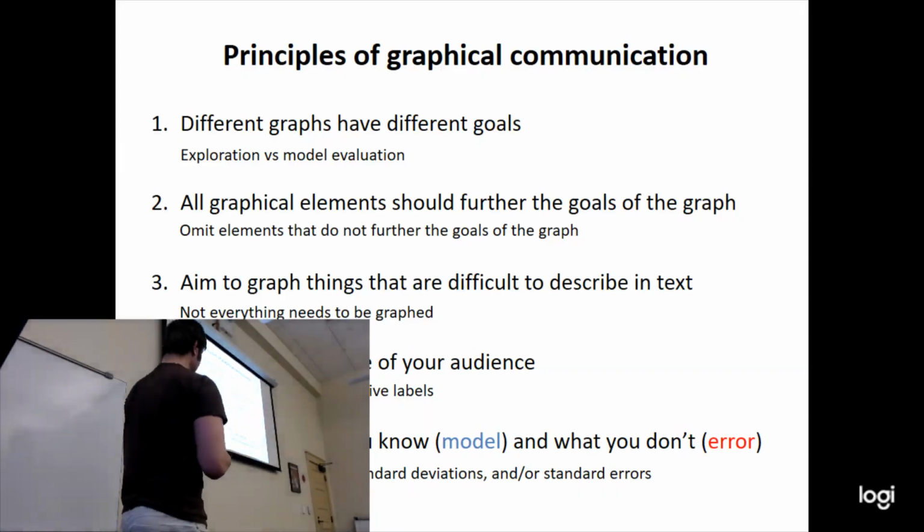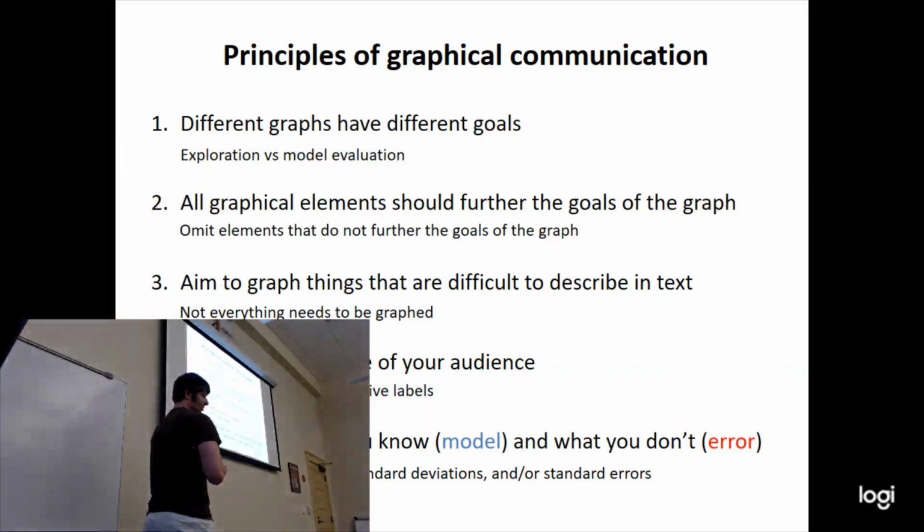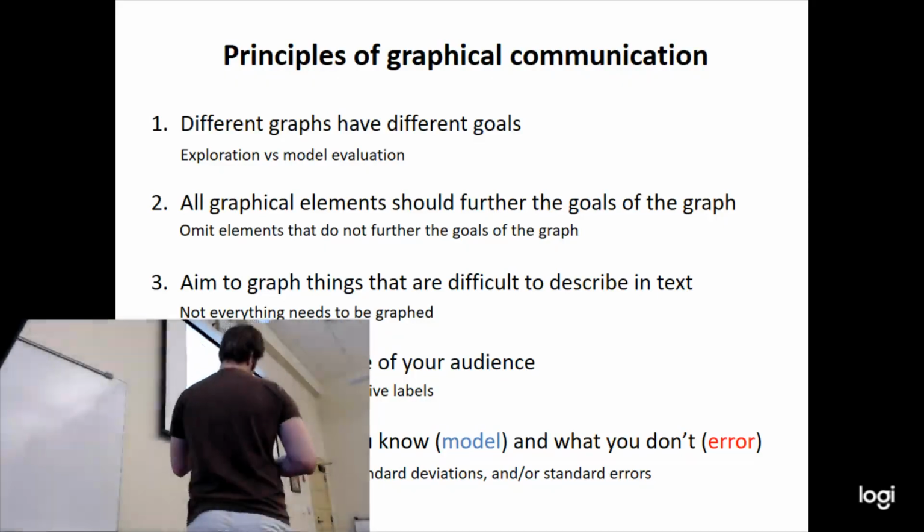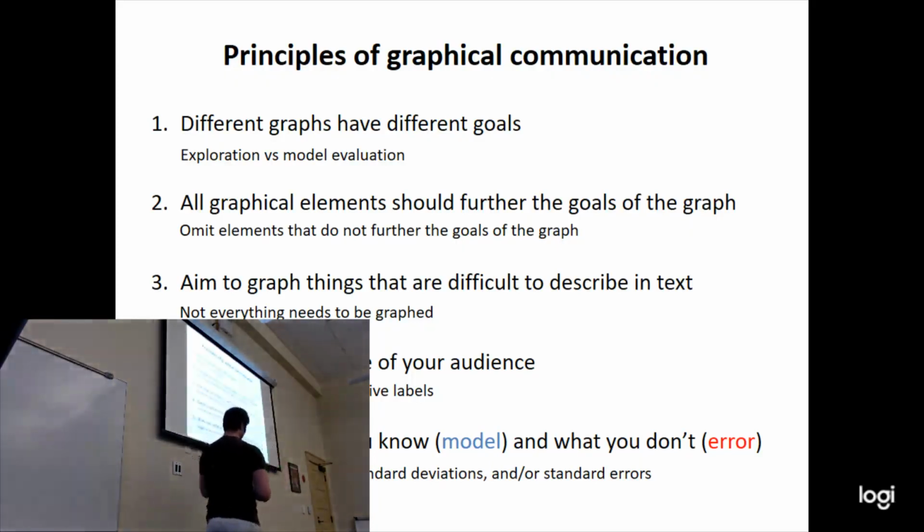You should aim to graph things that are difficult to describe in text. In general, I think when you're working with logistic models, they're hard to understand unless you talk them out. They're hard to even talk about unless you graph them. Take the perspective of your audience and show both model and curve.